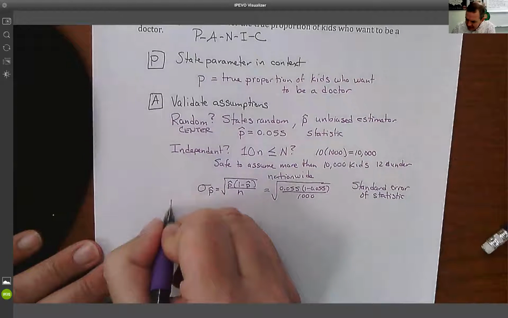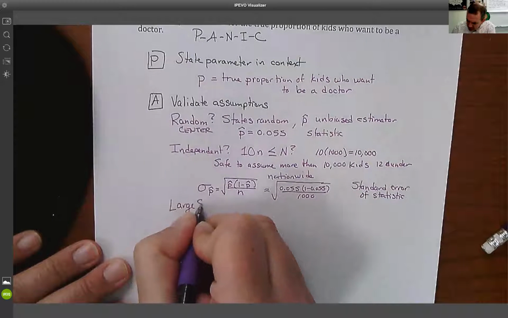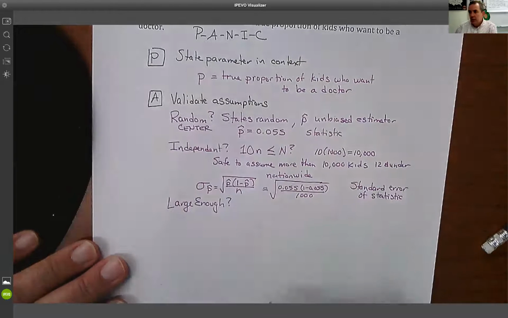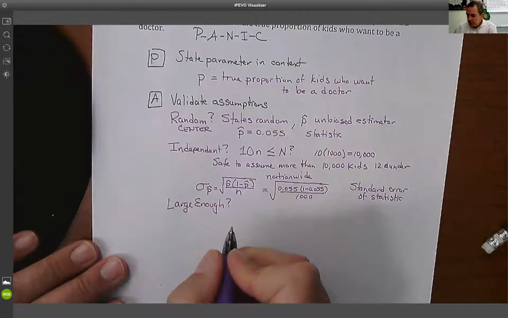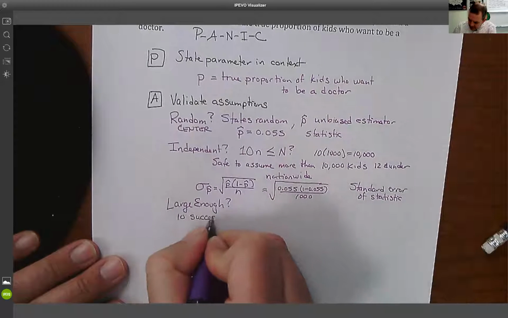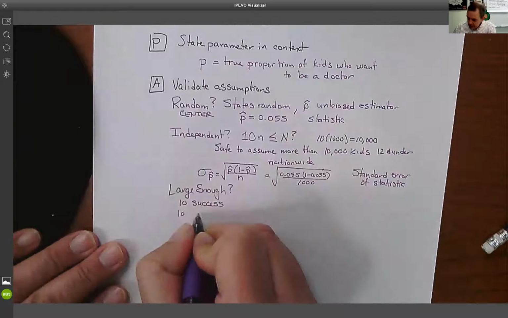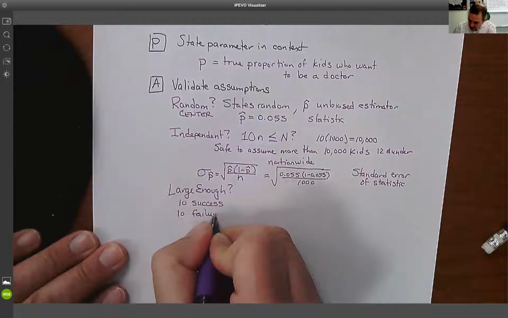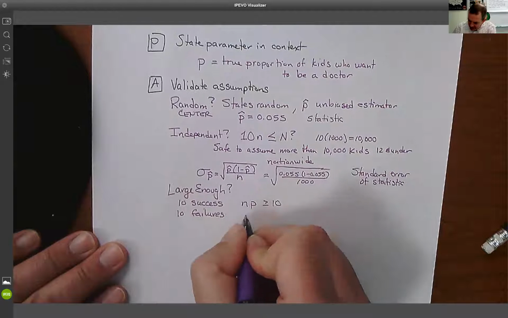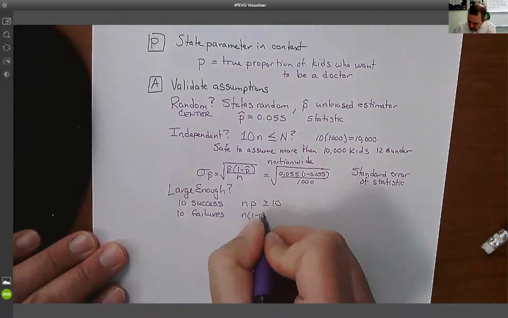Our last check is the normal check, or we're going to start referring to it as a large enough check or a large size check. Since we're dealing with proportions, we want 10 successes and we want 10 failures. If you remember before, that was NP greater than or equal to 10 and N(1 minus P) greater than or equal to 10.